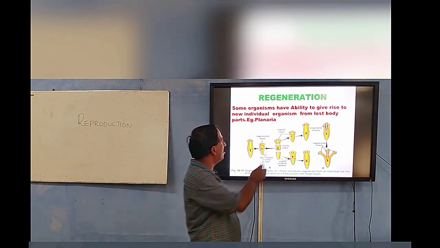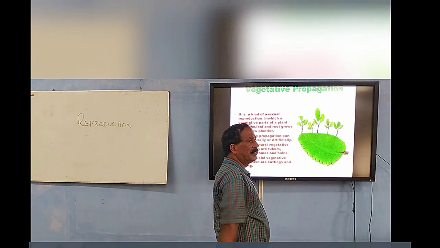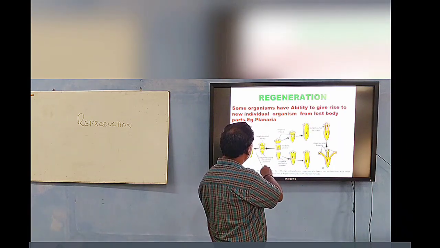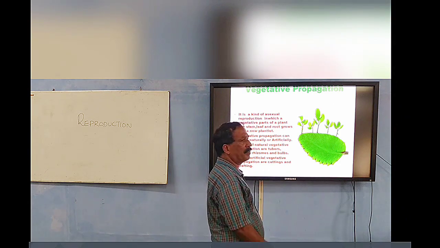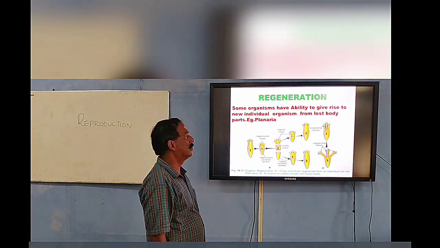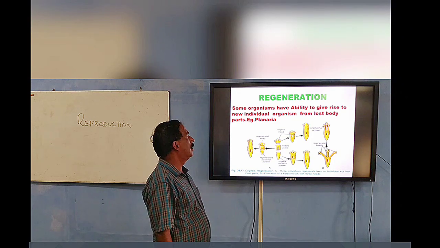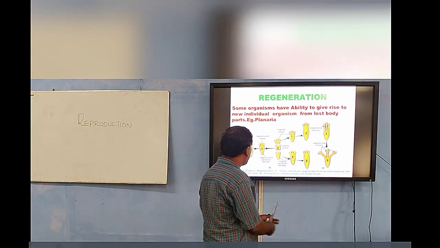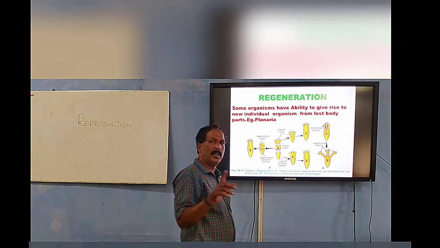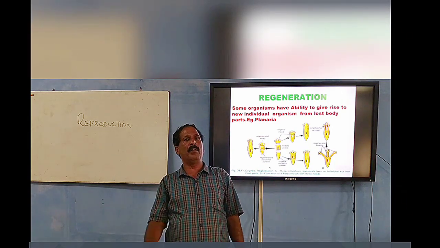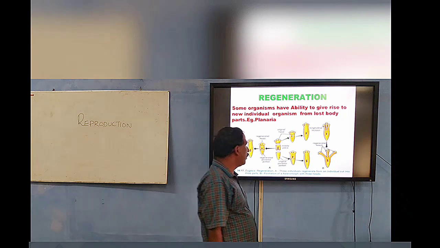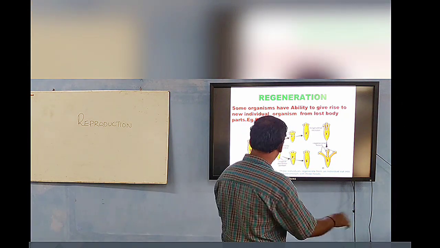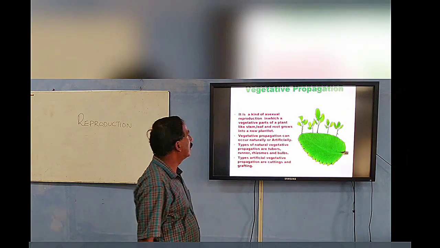But in some organisms like planaria, if you cut into many pieces, each piece will develop into a new organism. That means if you cut the planaria into 100 pieces, each piece will develop into one organism. That is regeneration, reformation of the organism.